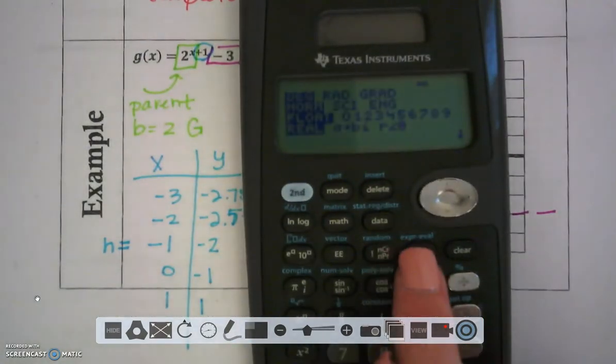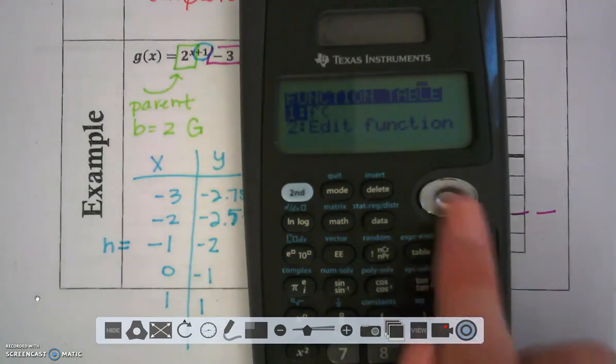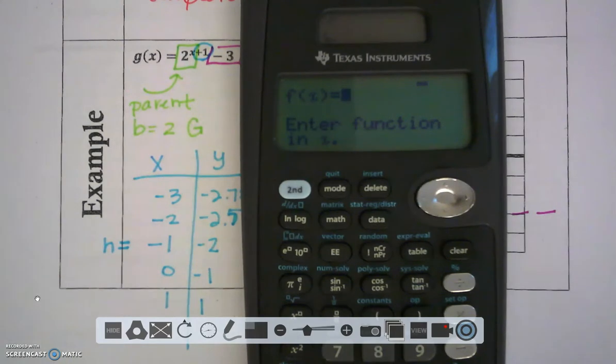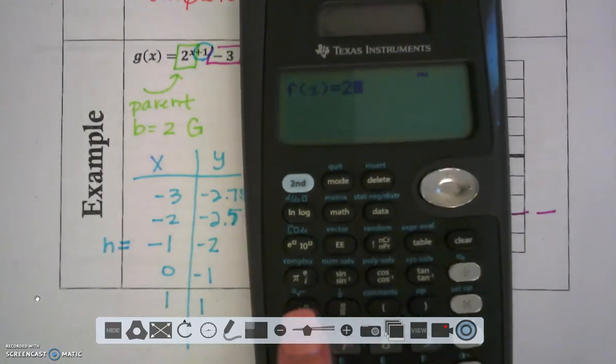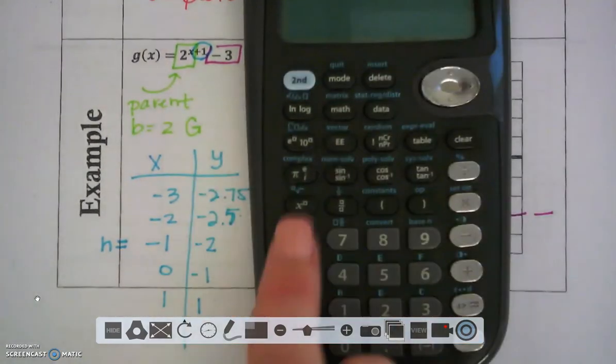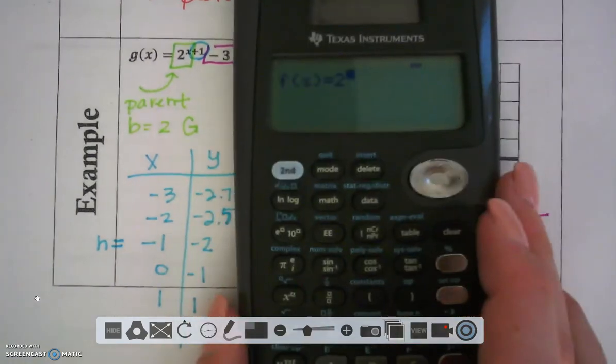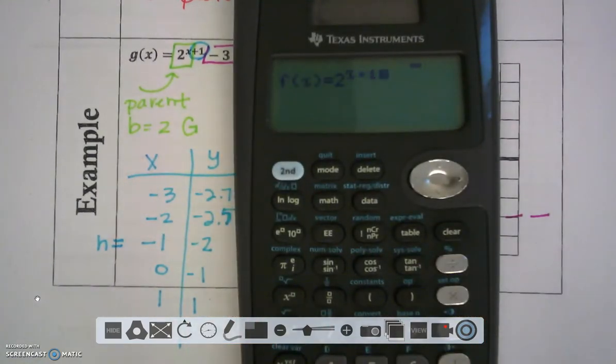Now, if you have a TI-36, your process is going to be the same. You're going to go to your table button. You're going to scroll down to edit function. Your X button. I'm sorry, we got to put in that 2. Here is your exponent button. It's the X box button. So go ahead and click that. So we can type in x plus 1.